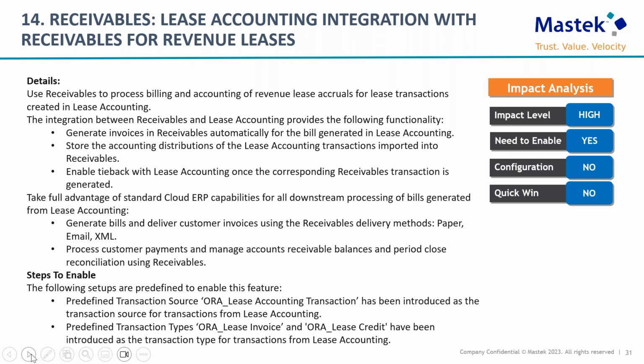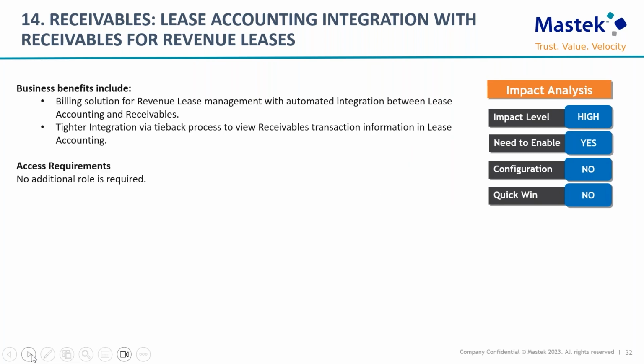This helps to process customer payments and manage accounts receivables balances and period closure reconciliations using receivables. ORA lease credits have been introduced as a transaction type, and ORA lease accounting transaction has been introduced as the transaction source. This also helps to view the reconciliation receivables transaction info in the lease accounting area.